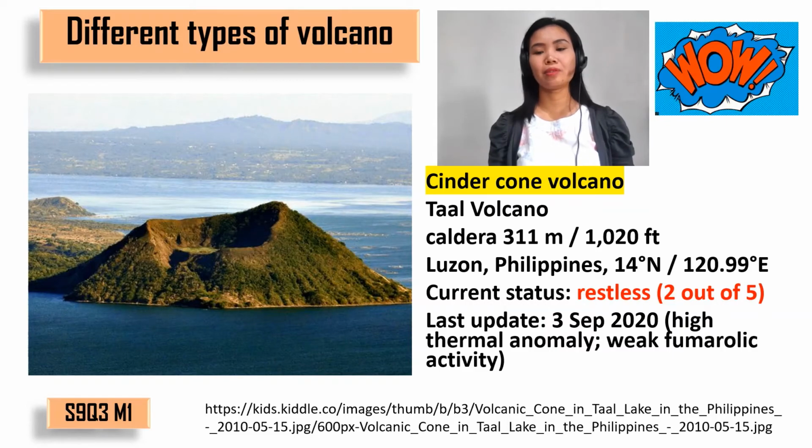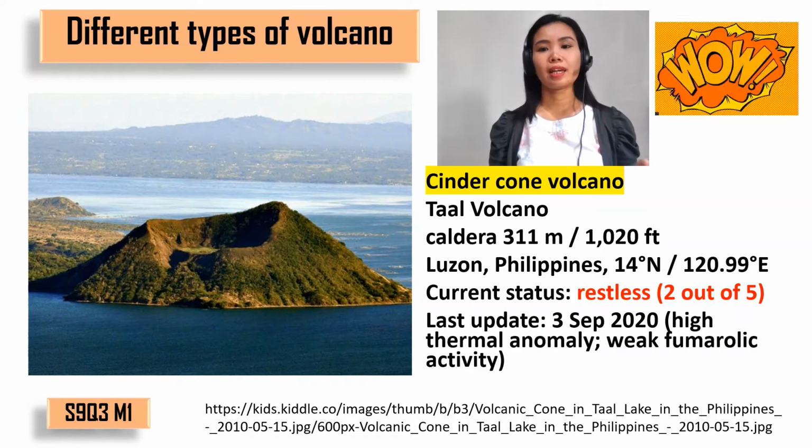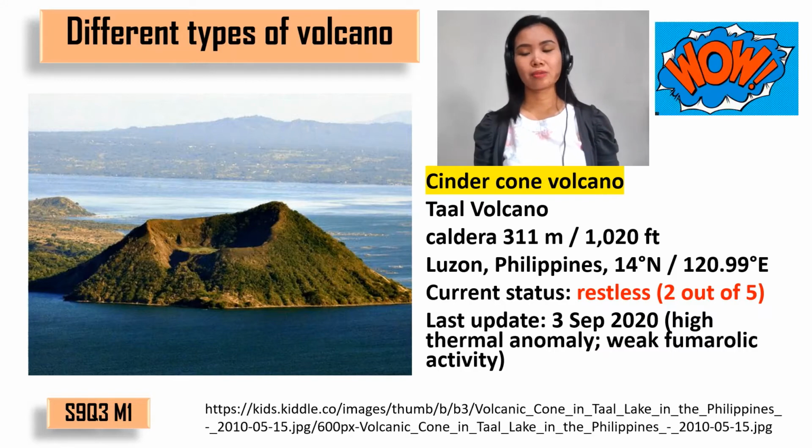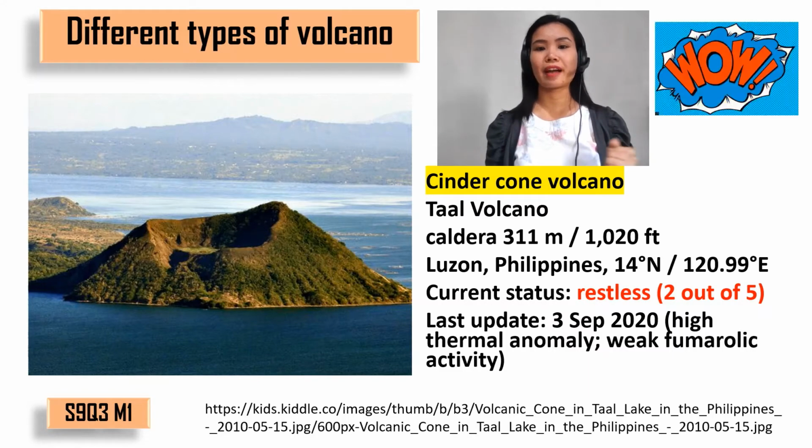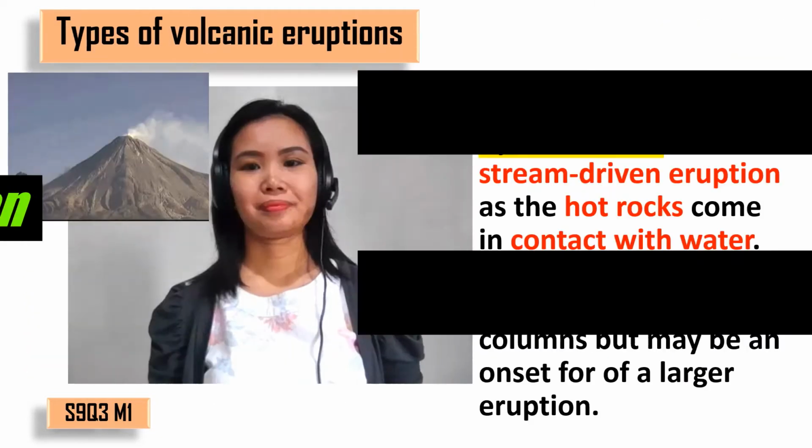And last January 2020, it was recorded as one of the most devastating, phenomenal experiences of all Filipinos. So what are these cinder cones? They are built from ejected lava fragments. They have a steep slope, wide crater, and are the most abundant of the 3 major volcano types.